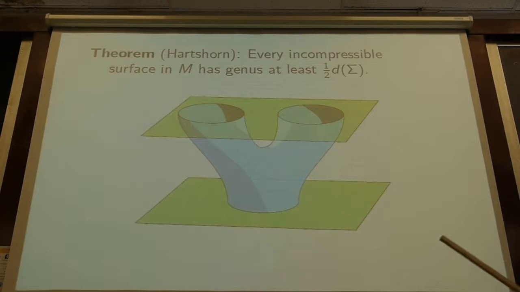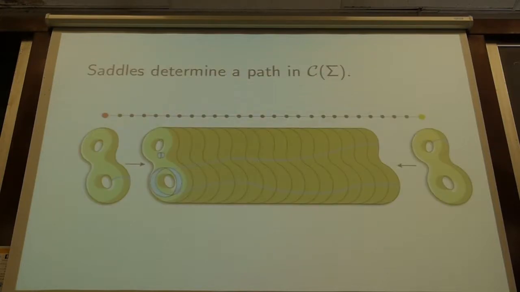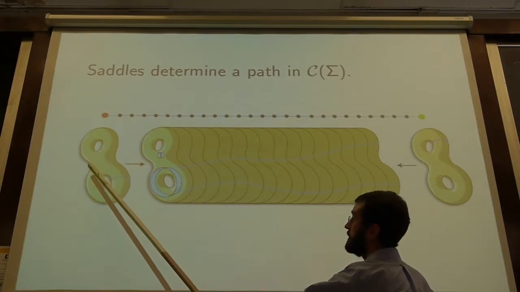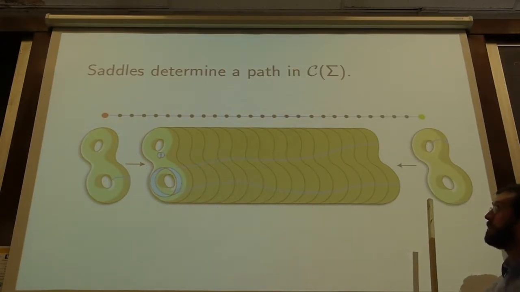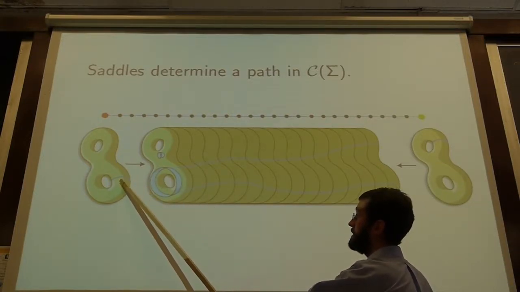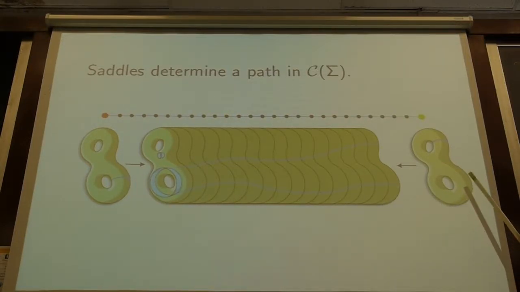Of course, this is schematic, so you can't exactly see that, but it's not too hard to show that each time you go through a saddle, the loops after the saddle are disjoint from the loops before the saddle. And then you note that the beginning and ending loops, because this starts at a really small handle body that's just a regular neighborhood of the graph, so the starting loop has to bound the disk in this handle body, and the ending loop has to bound the disk in this handle body.